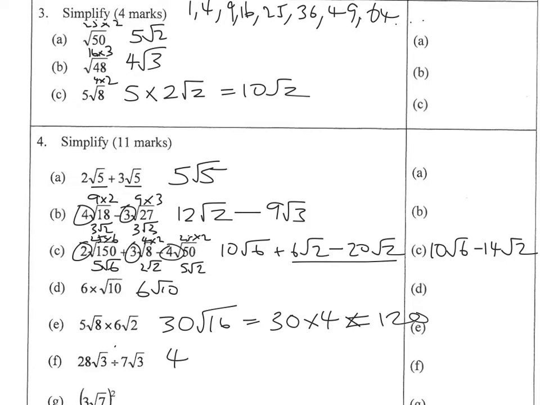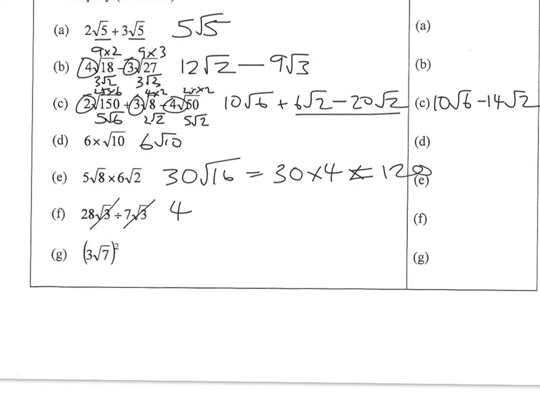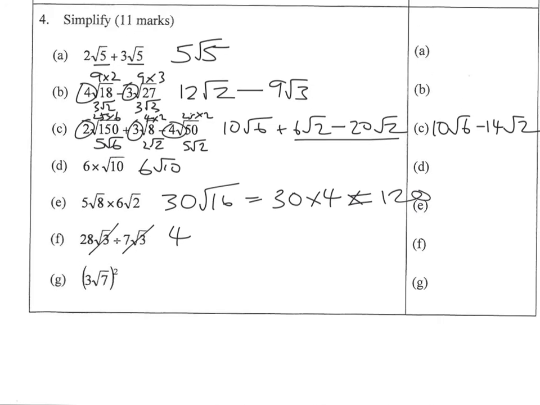Root 3 divided by root 3, they cancel each other out. Now, when we are squaring, square the integer first. 3 squared is 9. And multiply, square the root. They cancel each other out, and you're just left with the number inside. 9 threes are 63.